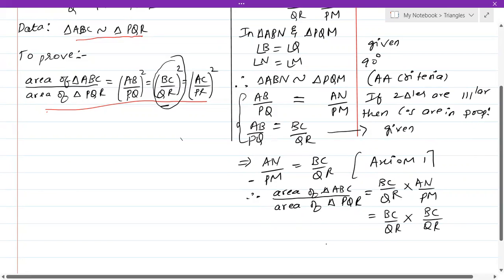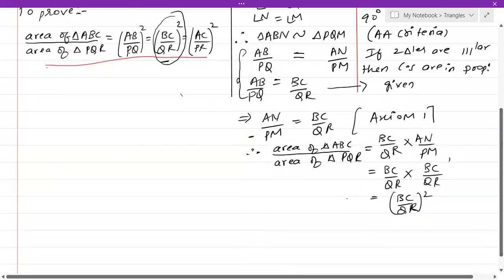Therefore, this gives us BC by QR the whole square. So if we have done it for one thing, automatically all the other things will become equal.